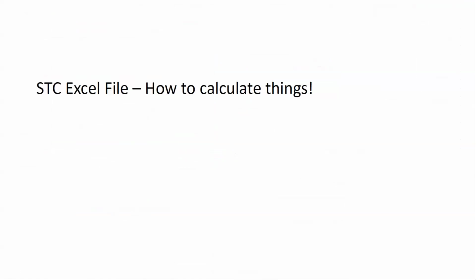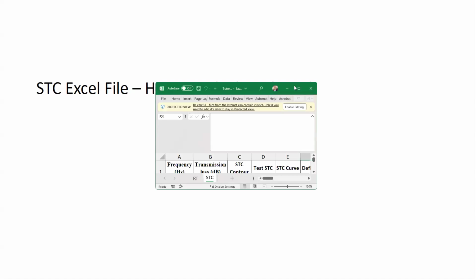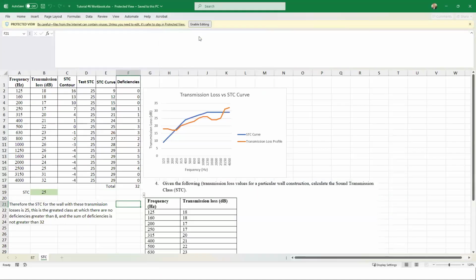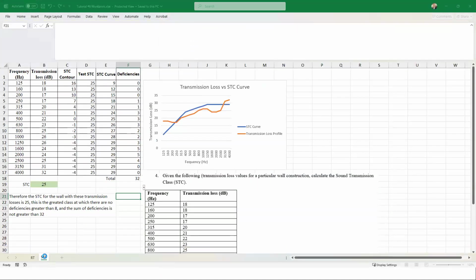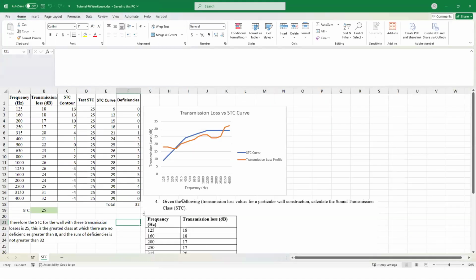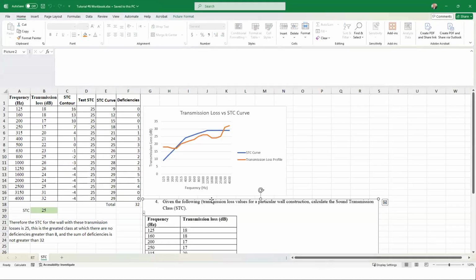Now let's see some STC action. Right, this is my STC.